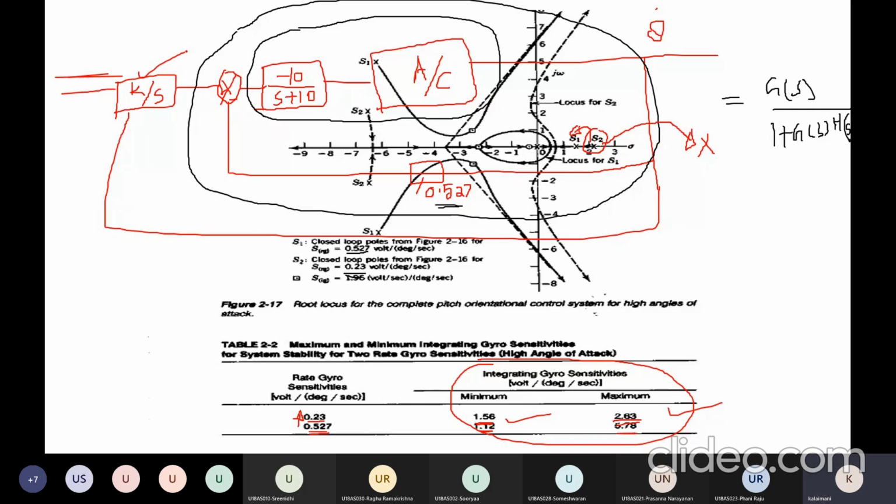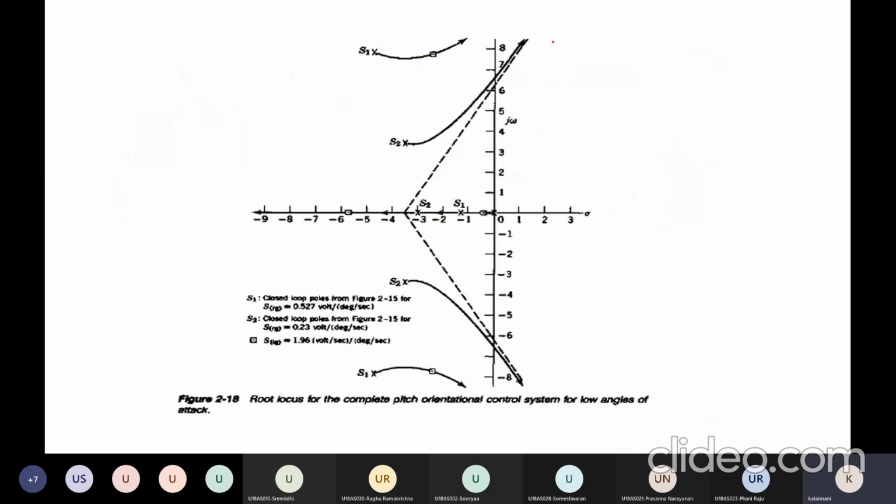Okay, this is the root locus for the complete pitch orientation control for a higher angle of attack. In the same way, you have to choose for the pitch orientation control system for a lower angle of attack. For one case, the closed loop poles are from 0.527.